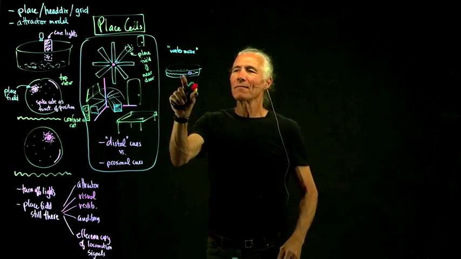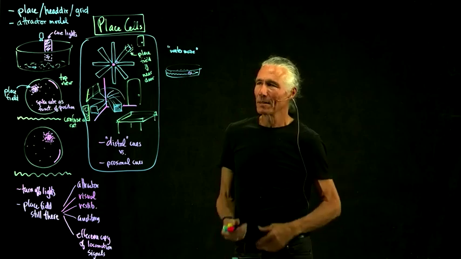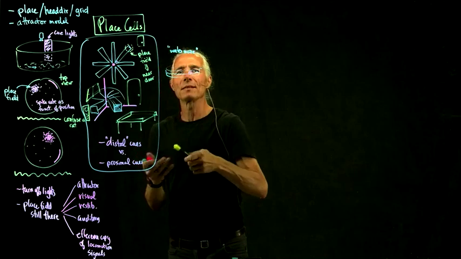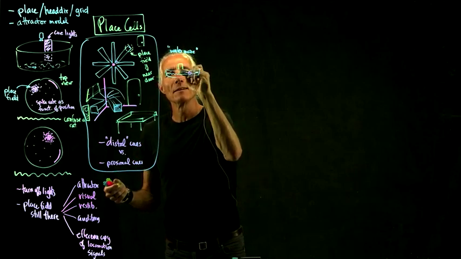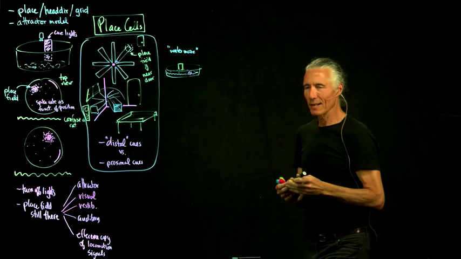So if you allow a rat to find the pedestal a couple times, and you have a cue card someplace, here's a little cue card sitting in the milky water, that will tell the rat where the pedestal is likely to be.